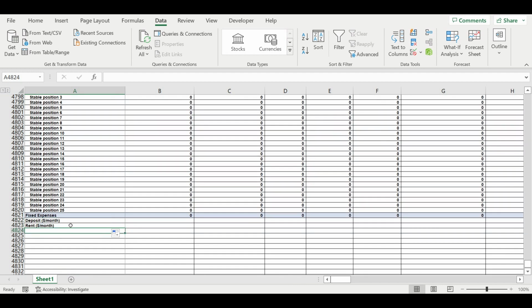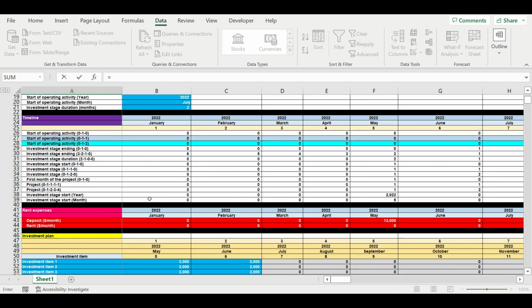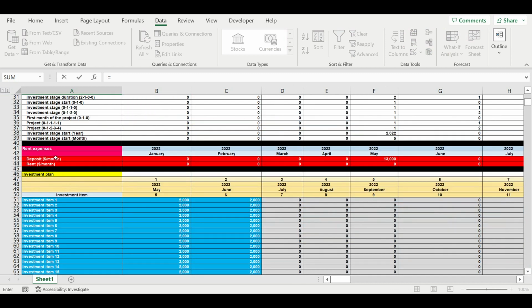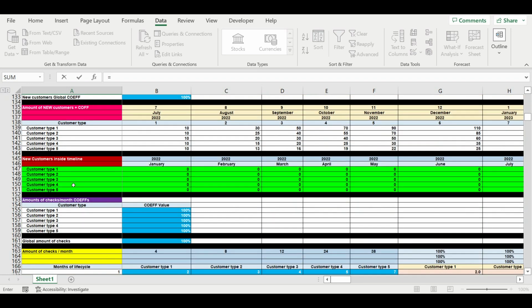Then rent expenses. The investment plan we are skipping.